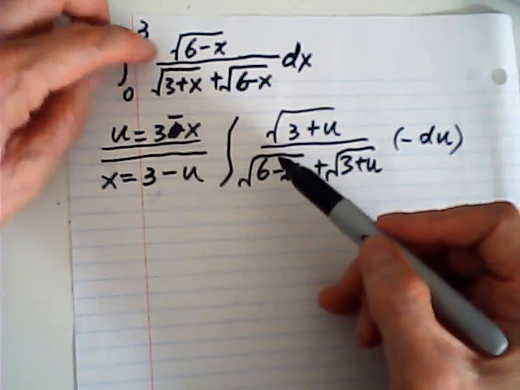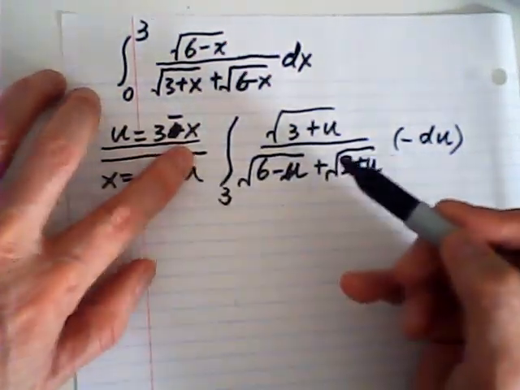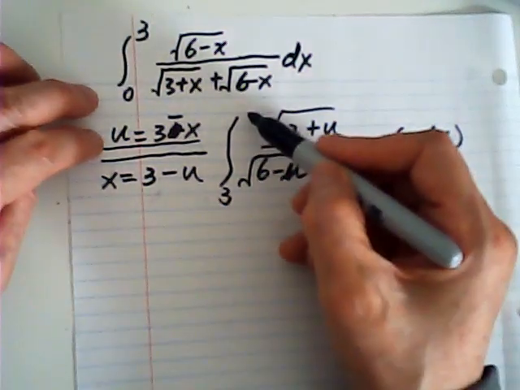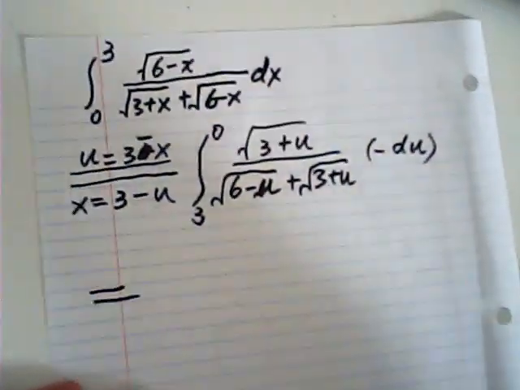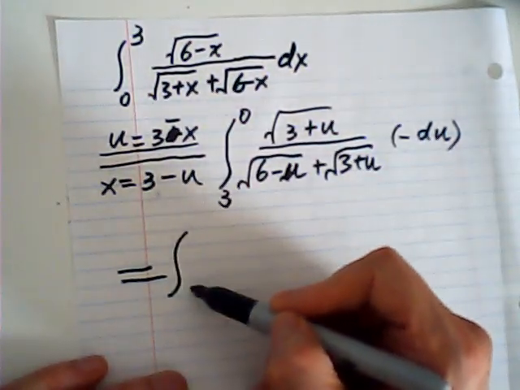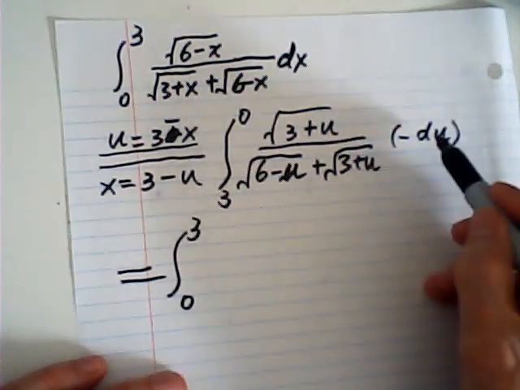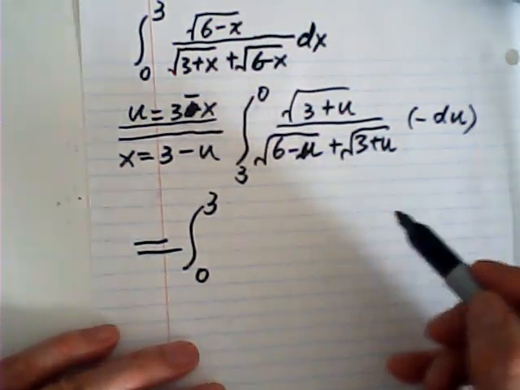Okay. When x is 0, u is 3. When x is 3, u is 0. Right? So I let the negative change this limit from 0 to 3. So the negative is gone.